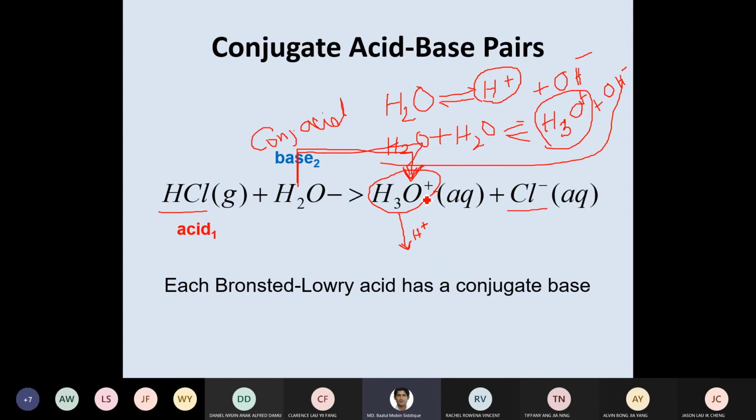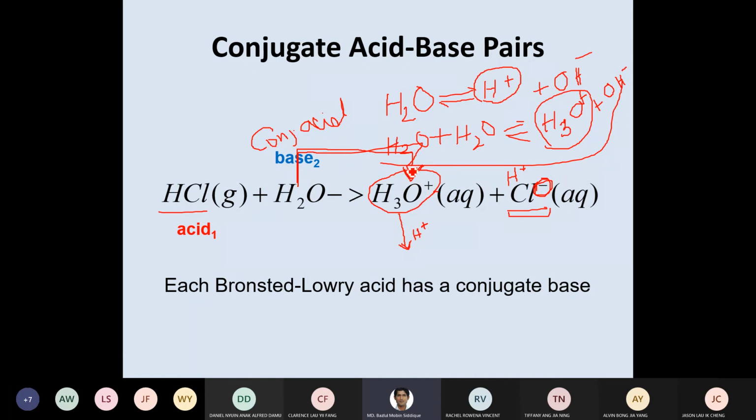And this chloride, it can take up one hydrogen, isn't it? Because it is negatively charged. So it is possible that if there is a hydrogen nearby later on, because it cannot stay its whole life as a negative ion, it has to bind with someone to become stable. It has to couple with someone, right?